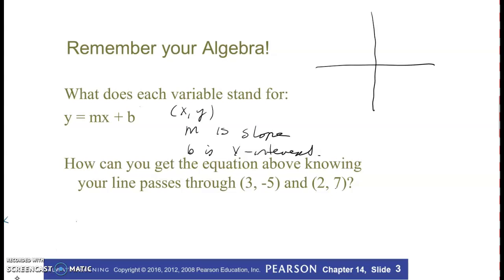So, for example, let's look. If we have these 2 points, (3, -5) and (2, 7), we can form an equation of a line that goes between those 2 points.